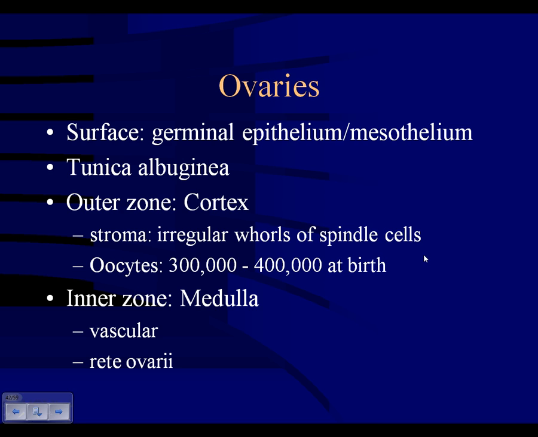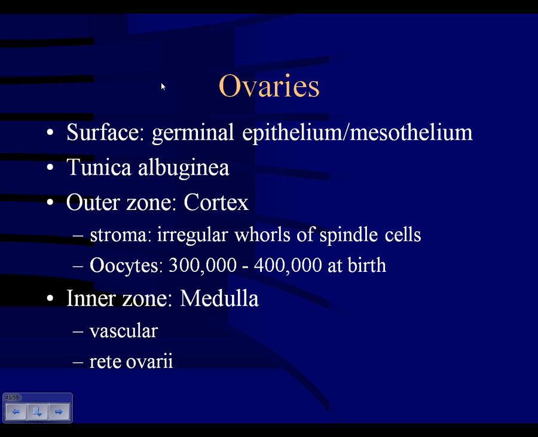And this is your mesothelial lining of the serosa, usually a simple squamous lining. So now the ovaries, the surface of that is also a modified mesothelium, modified in that it's responsive to hormonal influences.